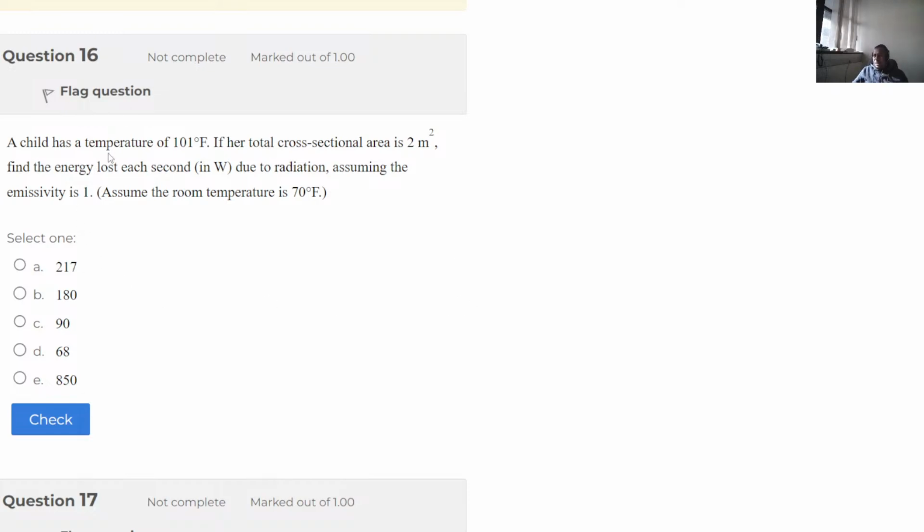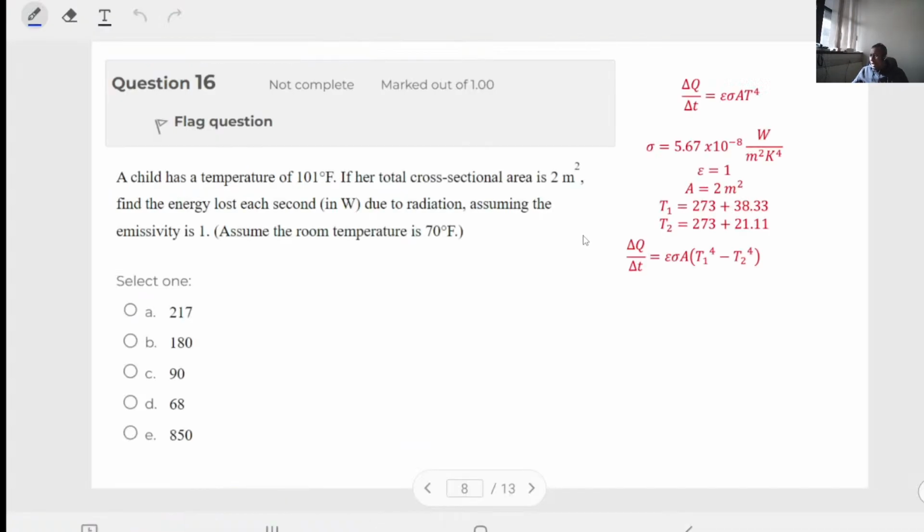Okay, let's go. Question number 16. A child has a temperature of 101 degrees Fahrenheit. Again, it's degrees Fahrenheit, so please use that conversion again into degrees centigrade. 101 is 38.33 according to my conversion.